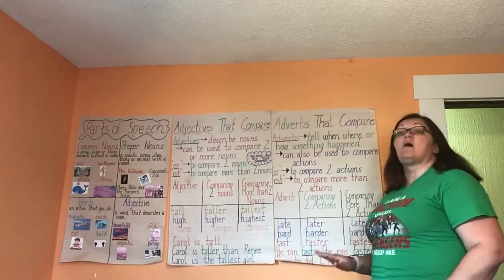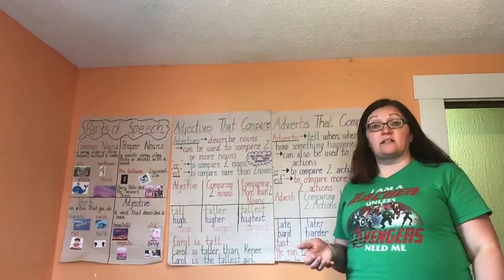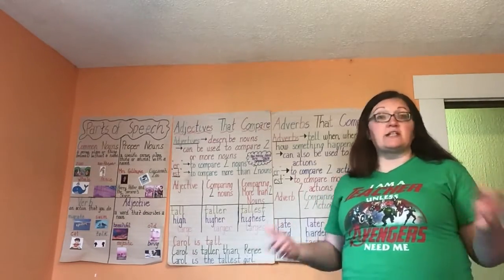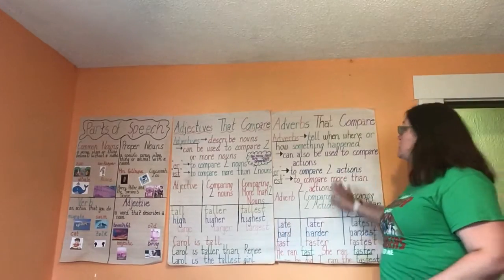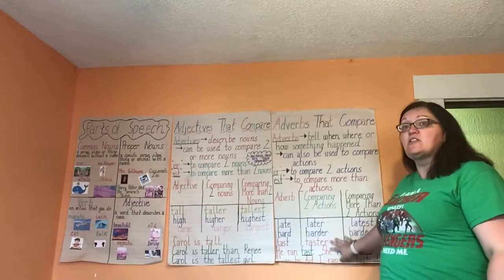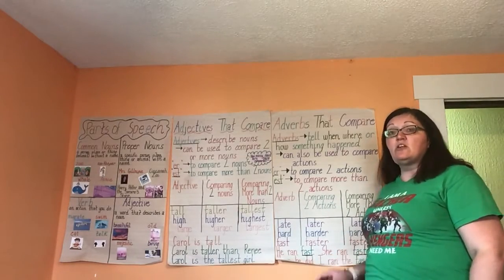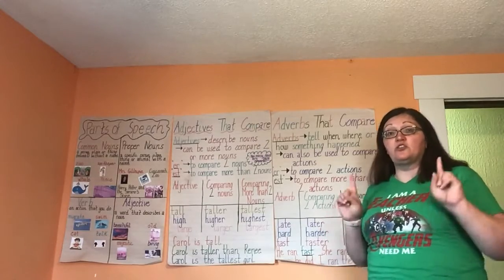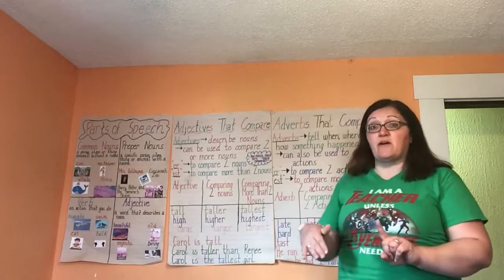Under this video, you should see a link for another Google Docs activity. It should look just like the one that we did yesterday, but this time you're going to be using adverbs. You're going to be trying to figure out what is the best adverb to put in a sentence. So you want to see what they're comparing. Are they comparing two actions, or are they comparing one action with a bunch of other actions?